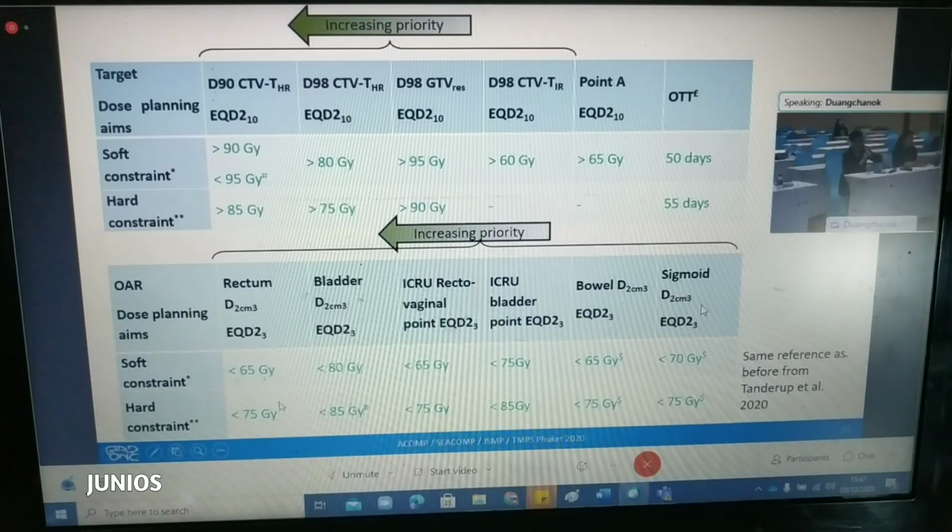You have already shown in the presentation that you reduce the dose of the external radiation using IMRT and, with brachytherapy, improve the dose to the organs and other things in this process.